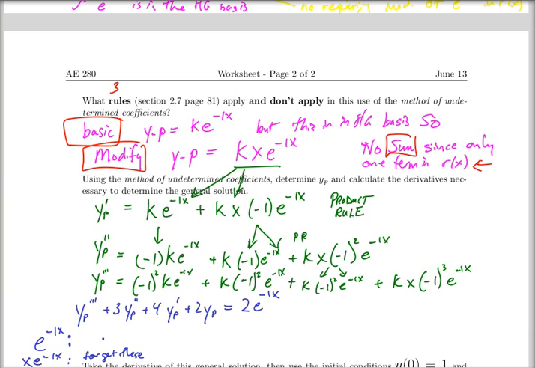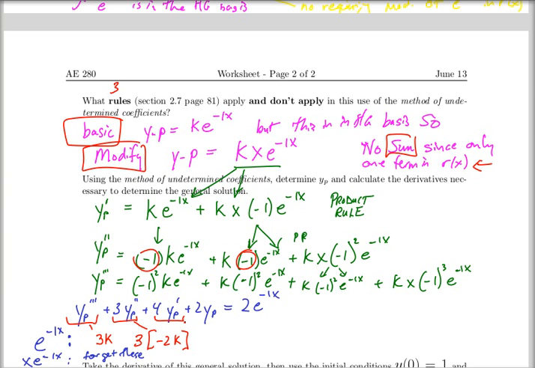So looking at this, from the yp triple prime term, we've got 1, 2, 3k. From the 3yp double prime term, we've got 3 times, and this is this and this multiplying by k, so we get a minus 2k.